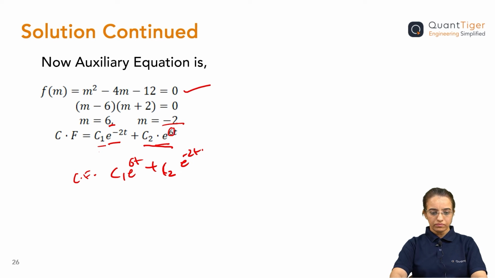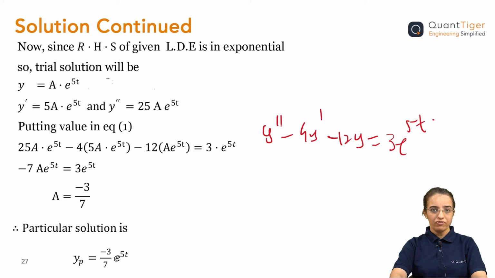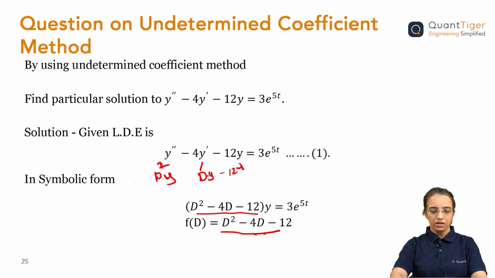Now the next thing is we have to consider the trial solution. How will we consider it? We have to go back to the given equation and see what the RHS is. If you remember, the RHS of the given equation is in exponential form, e to the power 5t.